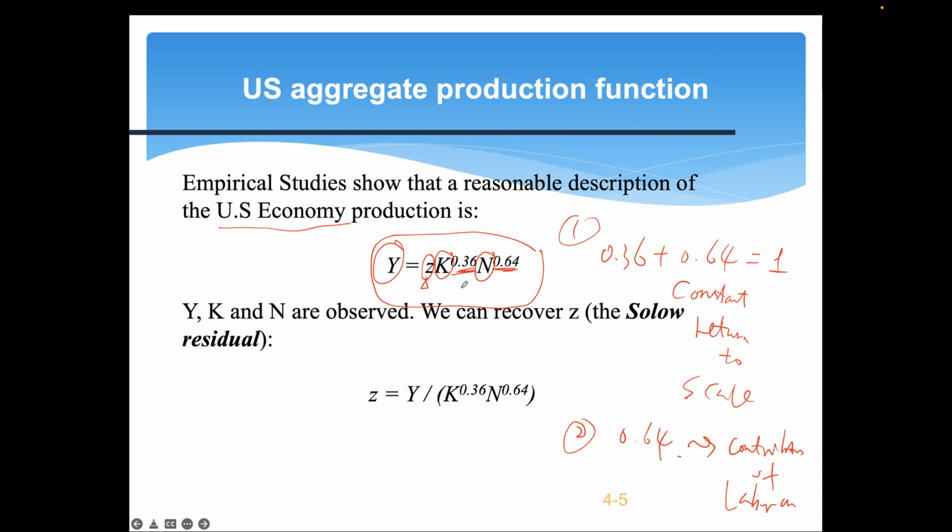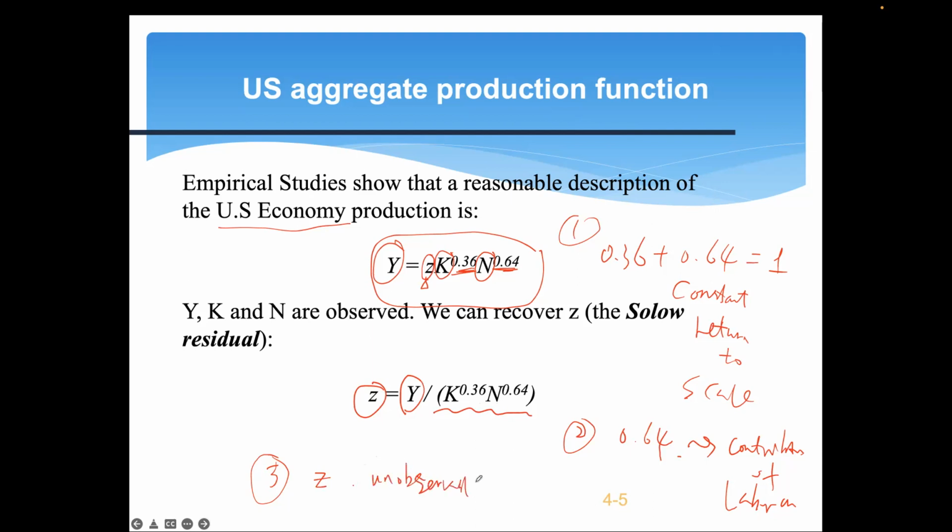And finally, third, based on this production function, we can recover this Z, right? So Z is mathematically equal to Y, which is the total output, divided by the product of these two terms. What is Z? Z is something unobservable.